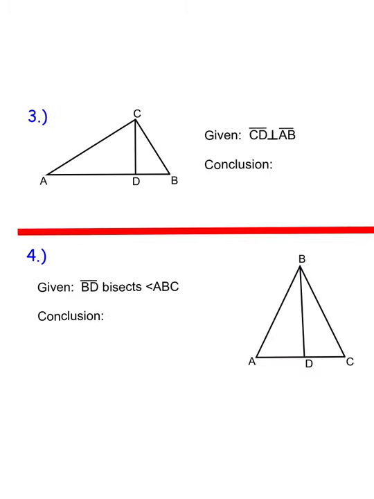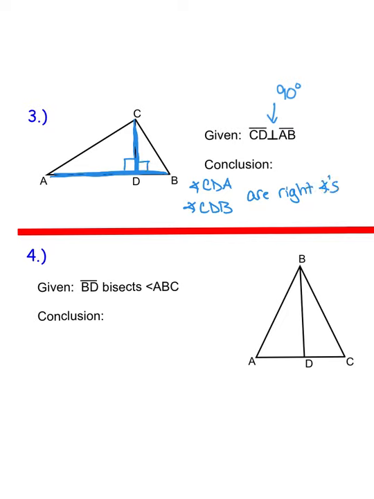If I look at number 3, it says given that CD, so this line segment here, is perpendicular to AB, so perpendicular to this line. So when I see perpendicular, I think 90-degree angles. So a valid conclusion would be that angle CDA, you could have written that as ADC, and angle CDB are right angles.